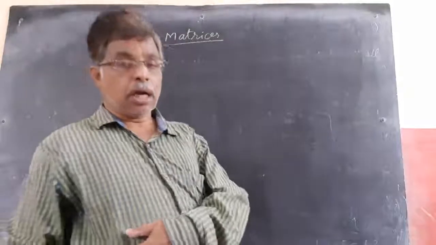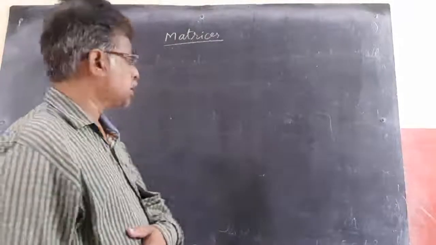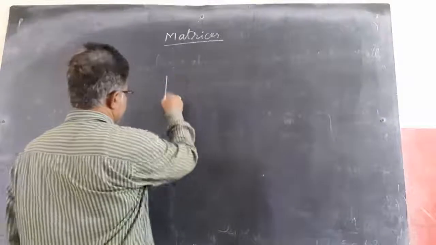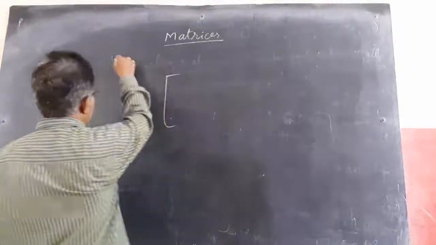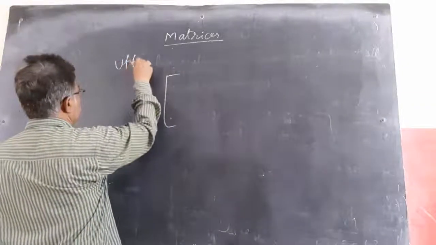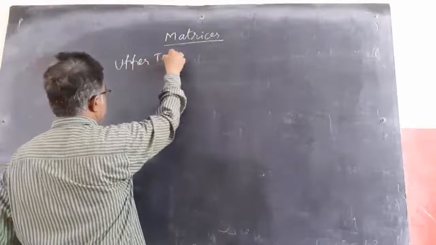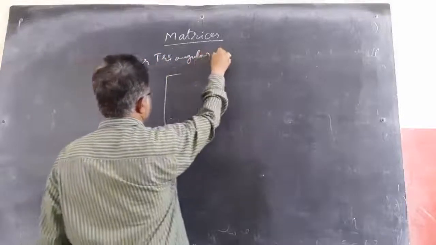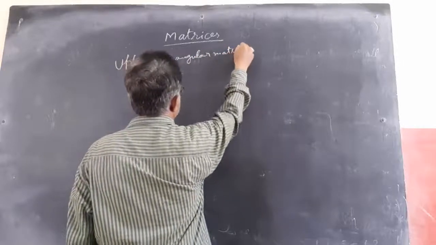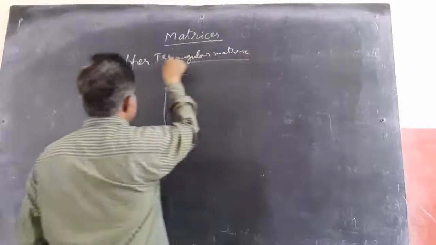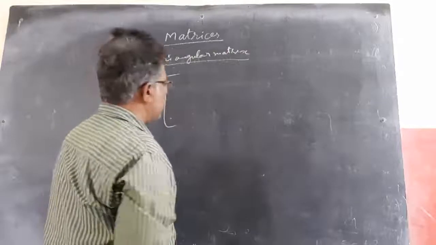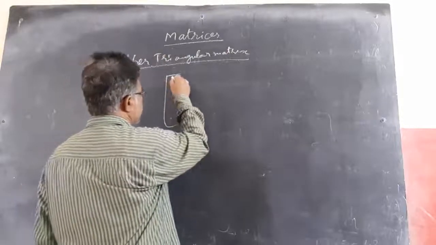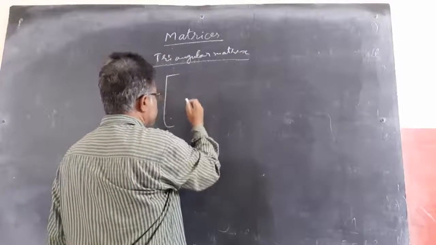Next, upper triangular matrix. It means all the elements below the principal diagonal are zeros.